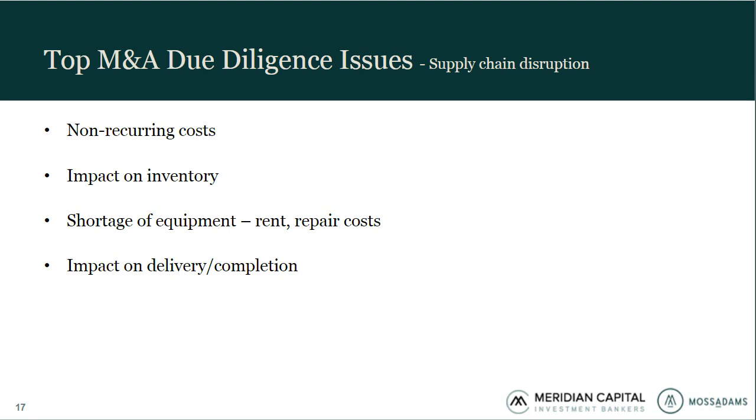A lot of companies have either had inventory shortages, or on the flip side, they've stocked up with their vendors to help mitigate any of the delays in the supply chain. A lot of companies have had shortages of equipment, which has caused delays in their delivery of contracts.